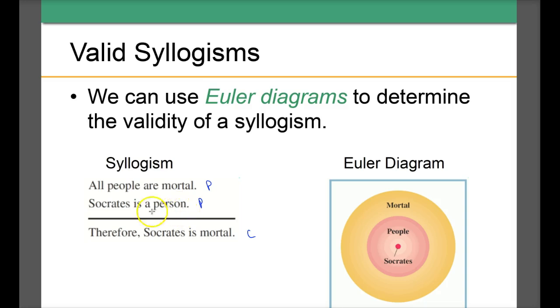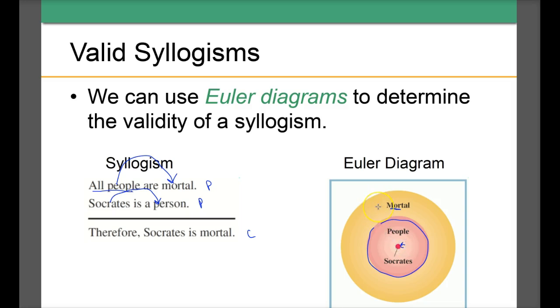When we read our first premise, we know that all people are going to have to be inside the category mortal. That's why here you see that inside mortal, we have this subgroup called people. And we say that Socrates is a person. So of course, Socrates has to be inside the set of people. So here we see Socrates right there.